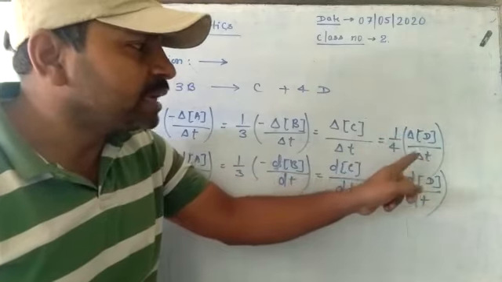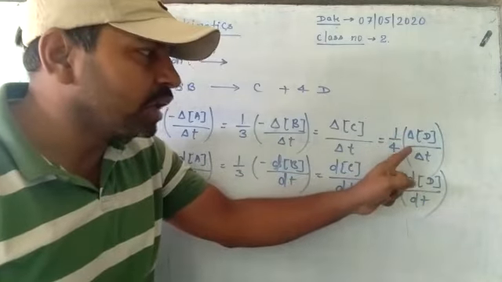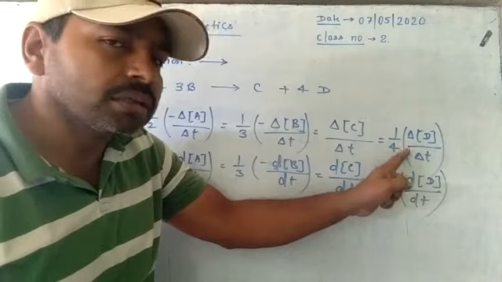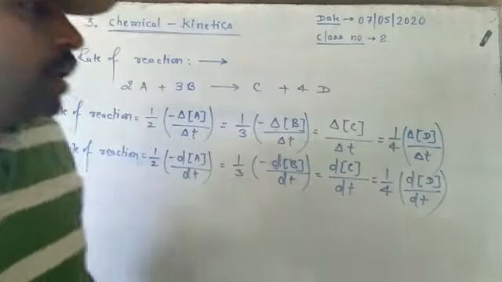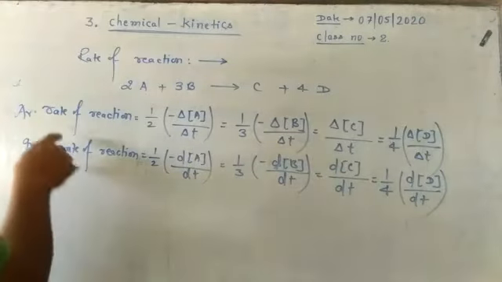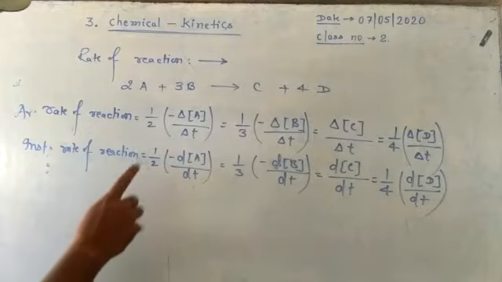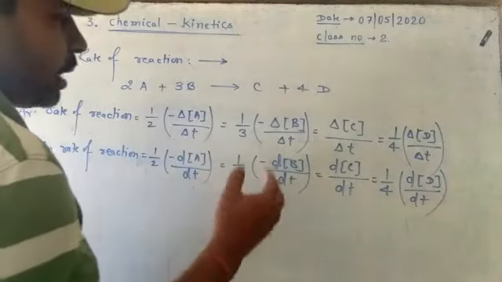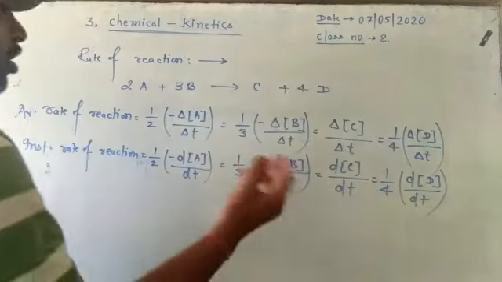The quantity present in the small bracket is known as the rate of appearance of D. Students, in a question, the rate of reaction is given, such as 1 into 10 to the power minus 3 or minus 4.